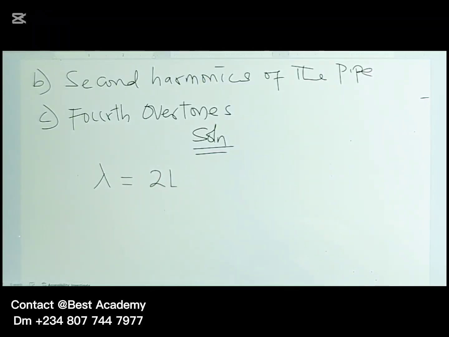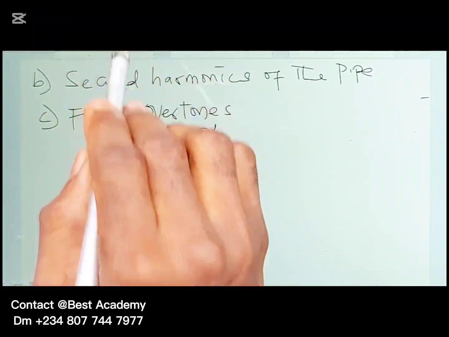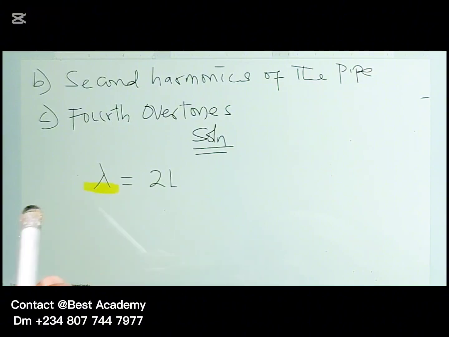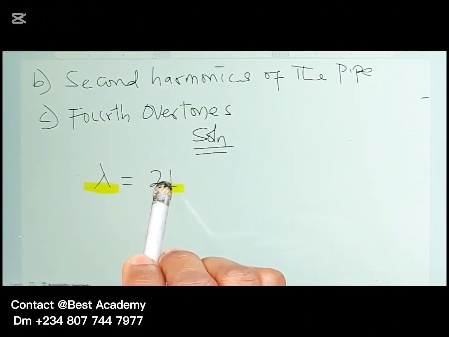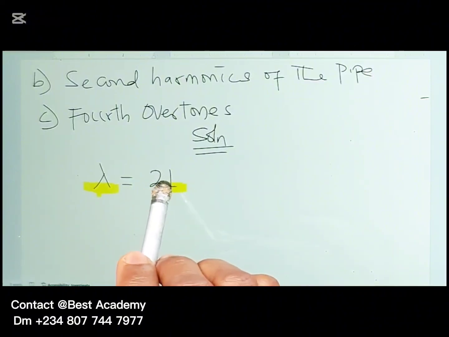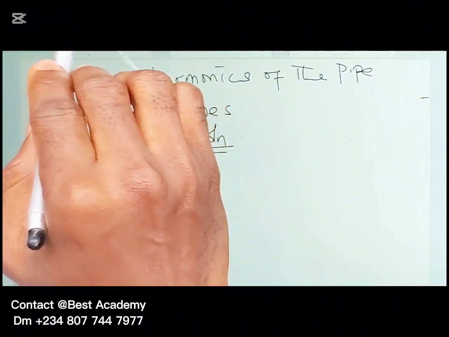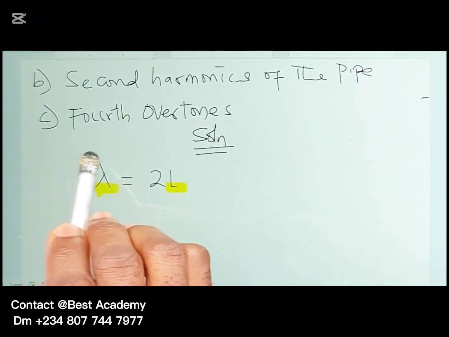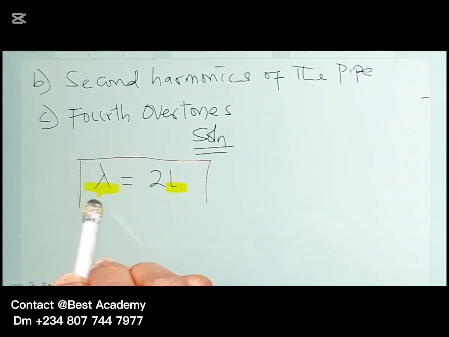Please take note of this. Lambda here is representing the wavelength, and the L here is representing the length of the pipe. So this is the formula that relates the wavelength parameter with the length of the pipe.